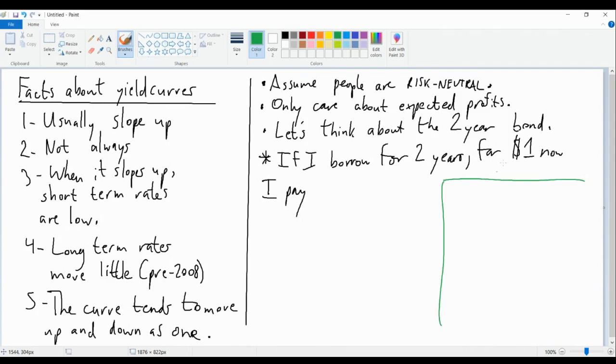To see that, consider that we know that this is the relationship between the interest rate on the 2-year bond and P and F, right? So for the sake of notation, remember this is a 2-year bond. So to distinguish this interest rate from all other interest rates, I'm going to write a little 2 here, okay?